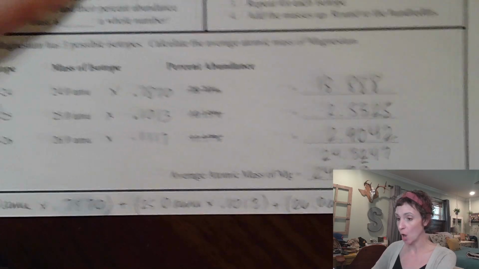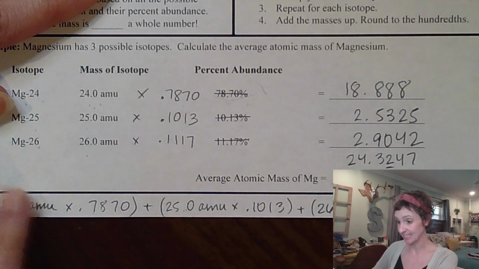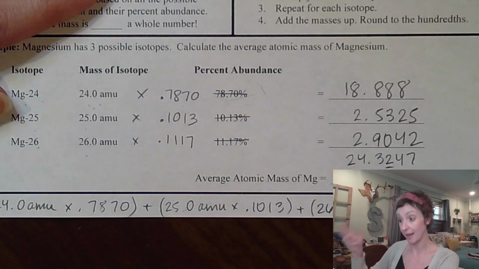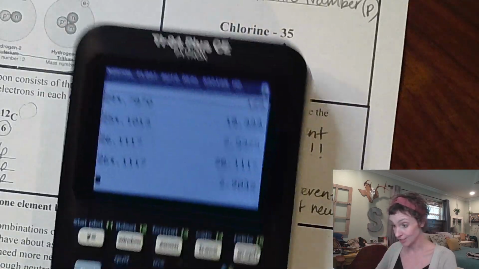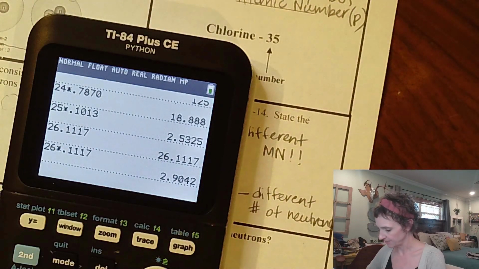You've shown me that you are multiplying the mass by its percent abundance for every isotope, 1, 2, 3, and you are adding those up together. And I bet if I type it in my calculator as one long stream, it's going to give me my answer, which we like, a correct answer. Let's see if I can do a little bit better about typing my stuff in.